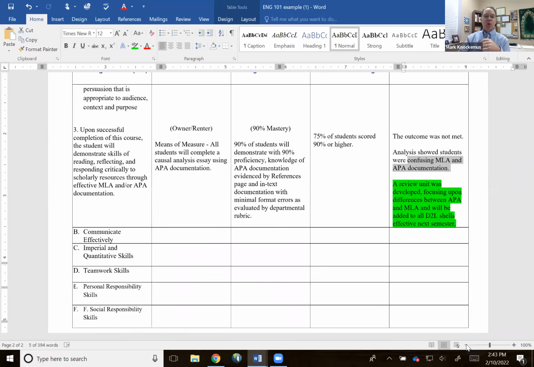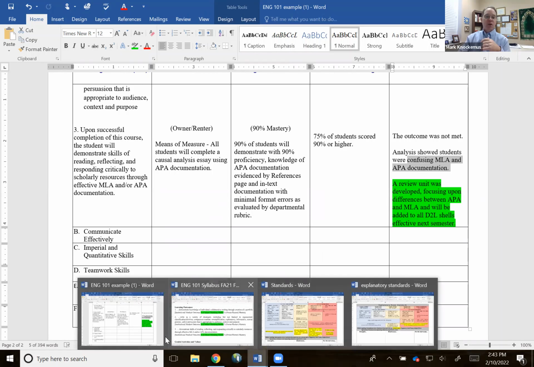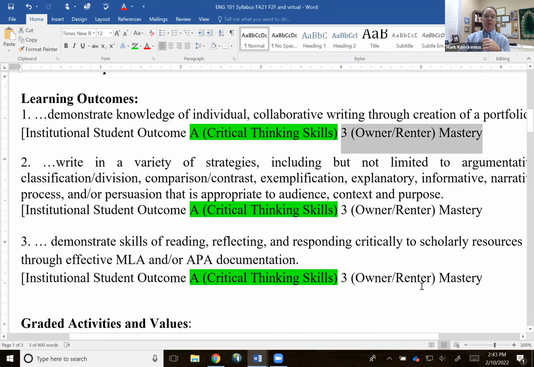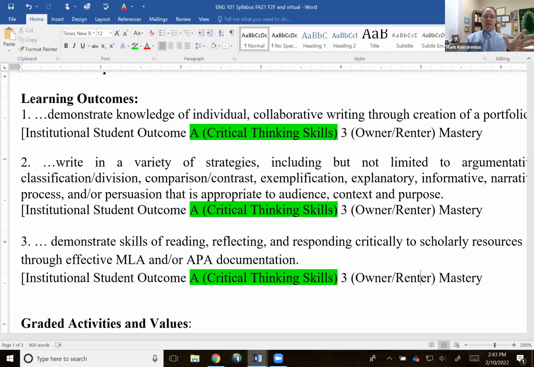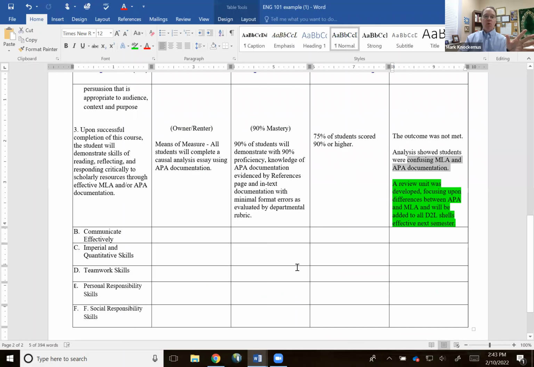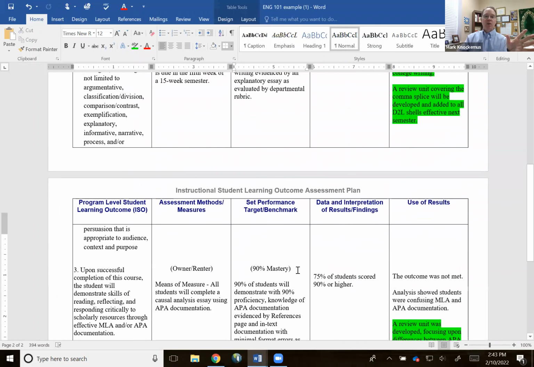So again, the first place to begin is not necessarily on this form, but you want to take a look at all your different syllabi, as many syllabi as you have. Then what's it going to be? A, B, C, D, and so forth. Owner, renter, introductory, establish, mastery, and begin to transfer all of that information from your syllabus onto the assessment plan form.